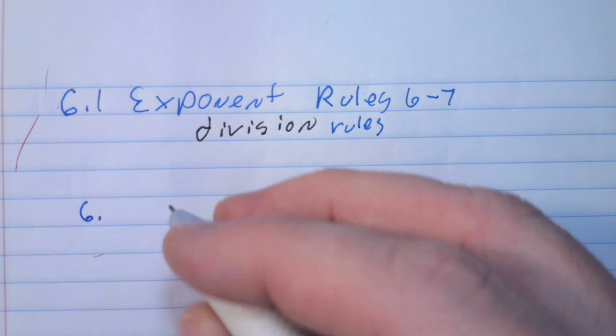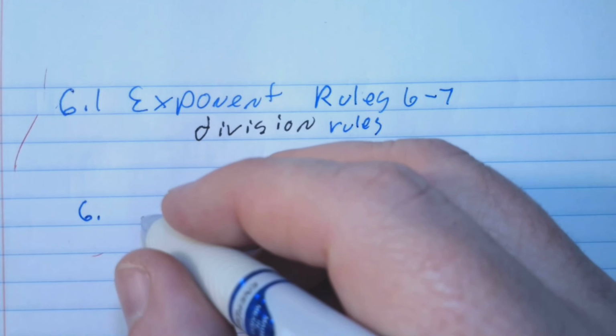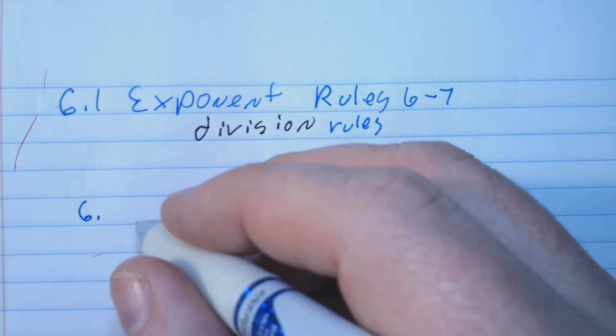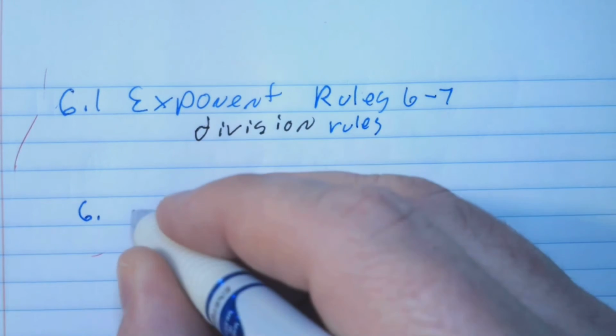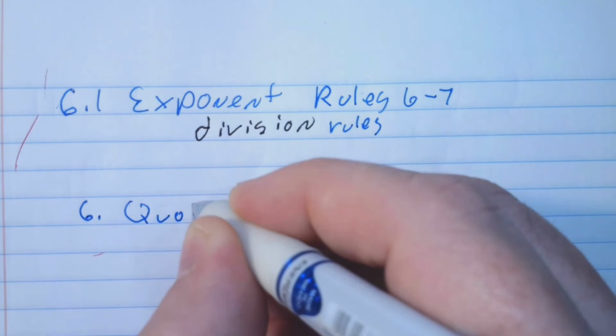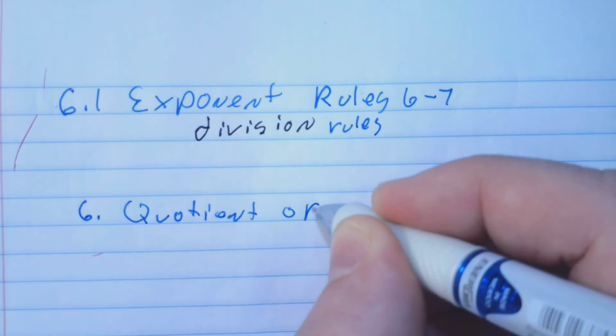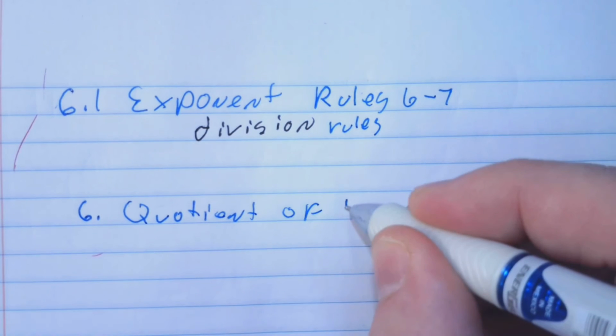So this is going to be the quotient. So rule 6 is quotient of powers property. So we are recording.